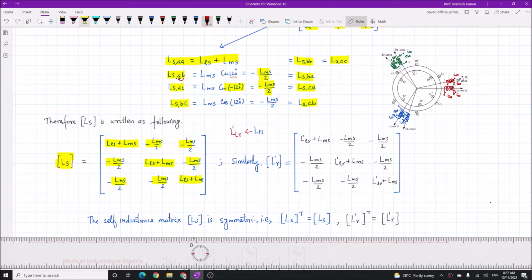So you can see here that the matrix LR dash has the self inductances for the rotor side, and these are the mutual terms between the different windings.